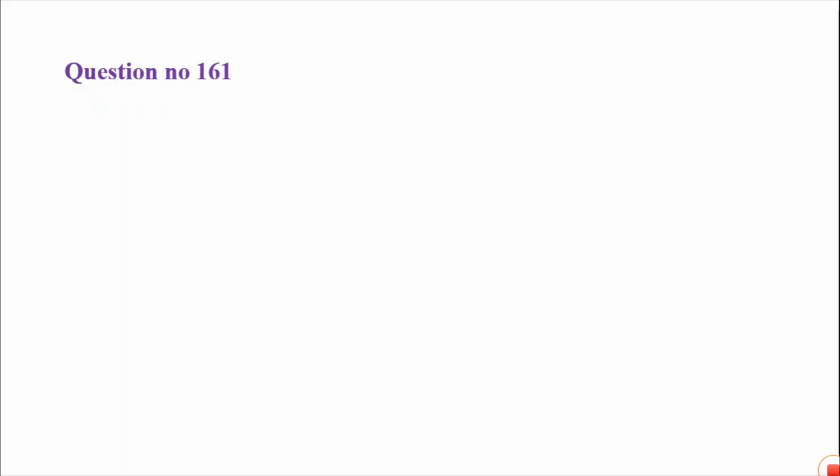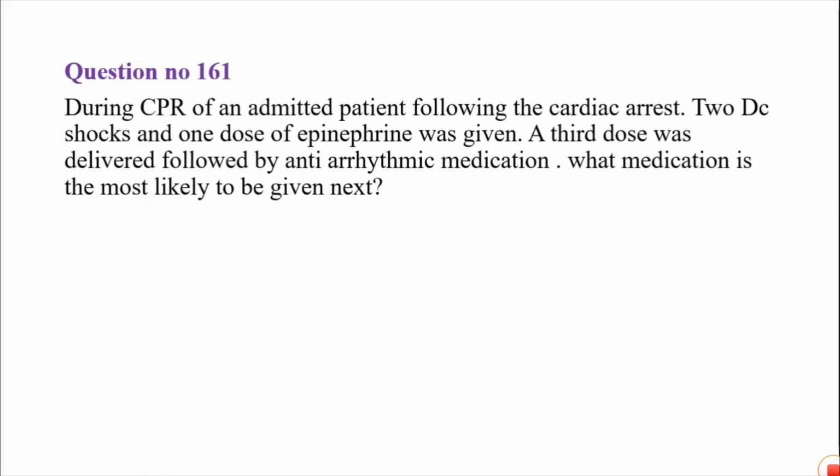Question number 161. During CPR of an admitted patient following cardiac arrest, 2 DC shocks and 1 dose of epinephrine were given. A third shock was delivered followed by antiarrhythmic medication.